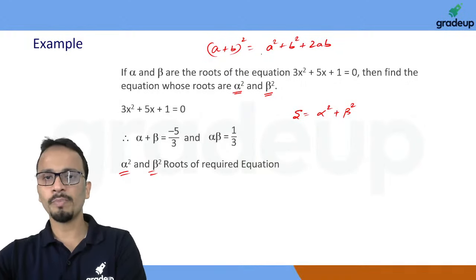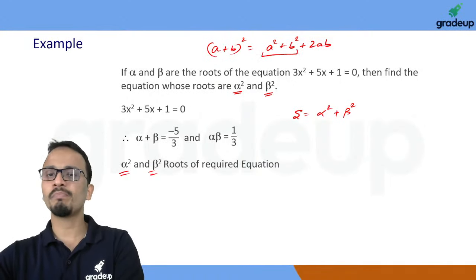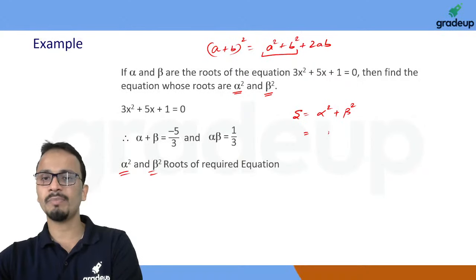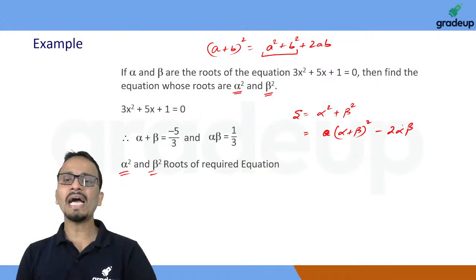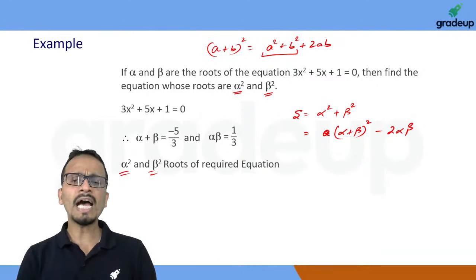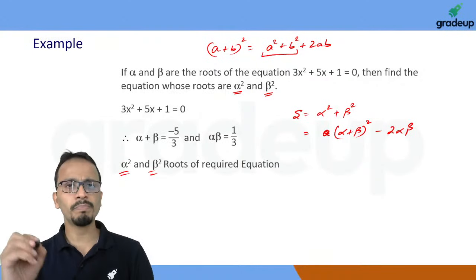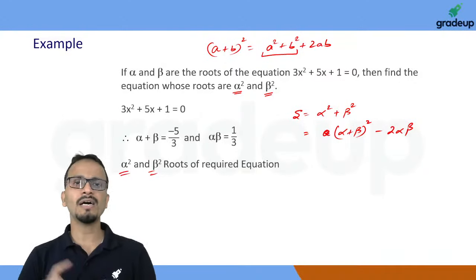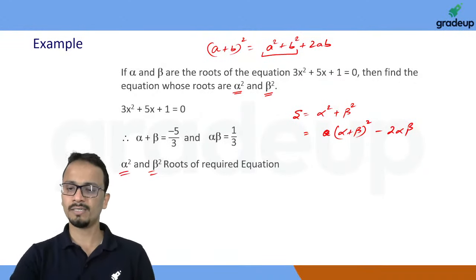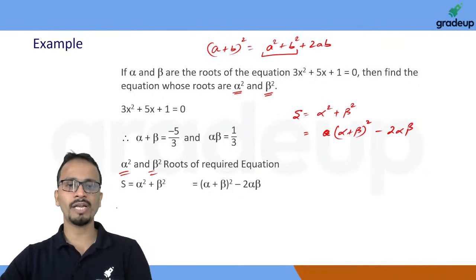So from here, the value of a square plus b square, that means alpha square plus beta square, can be written as alpha plus beta whole square minus 2 alpha beta. So what I have done is, I have converted alpha square plus beta square into the form of alpha plus beta and alpha into beta.